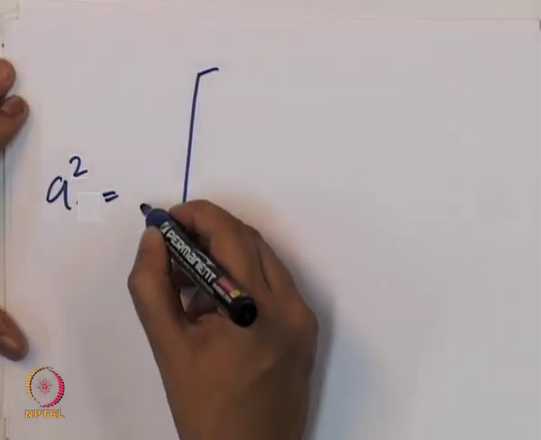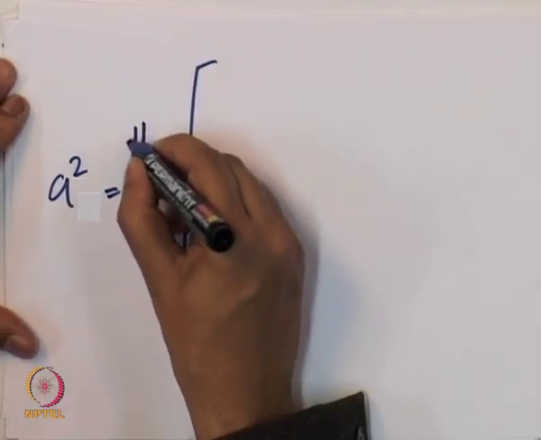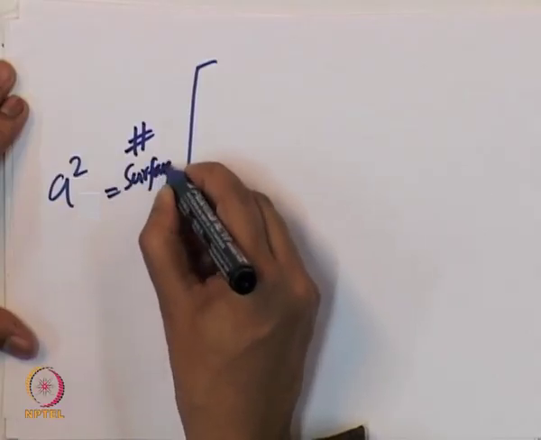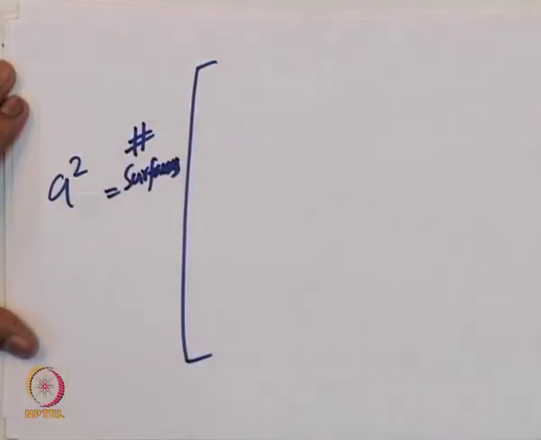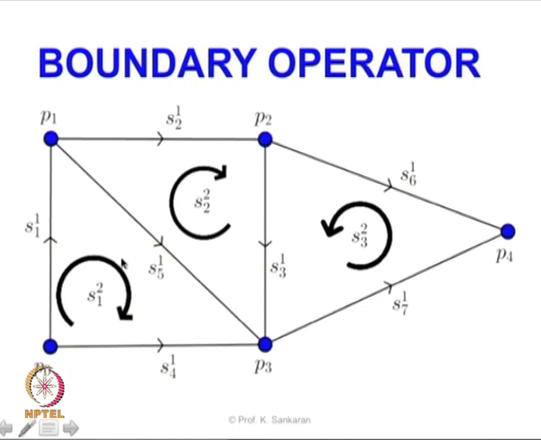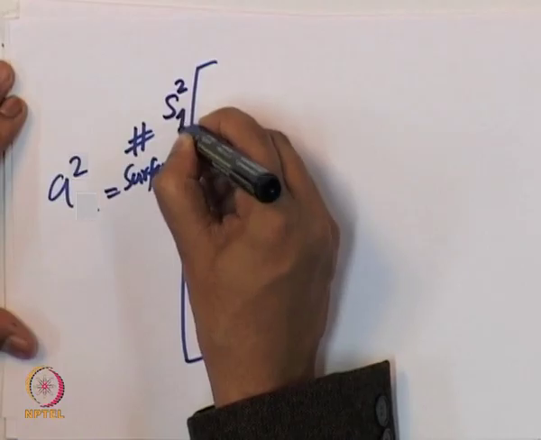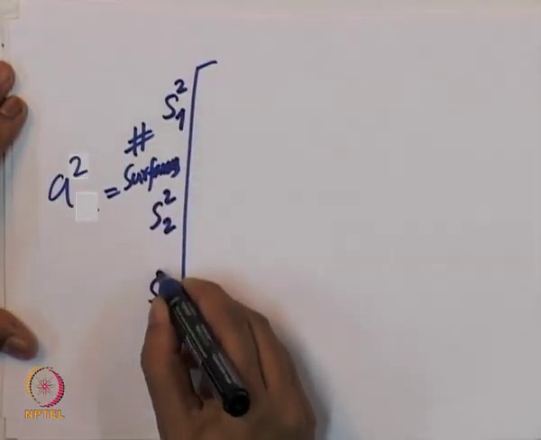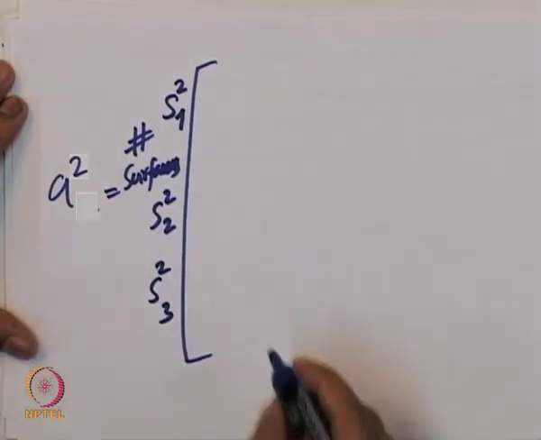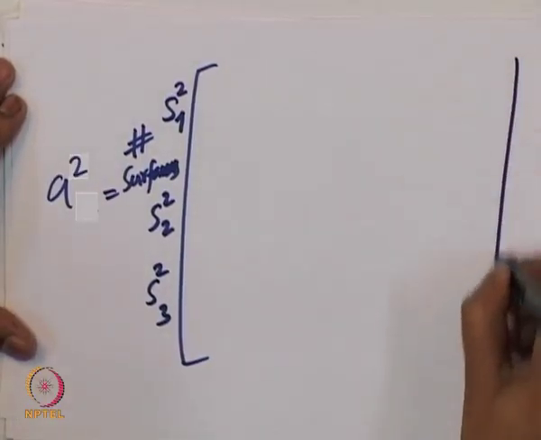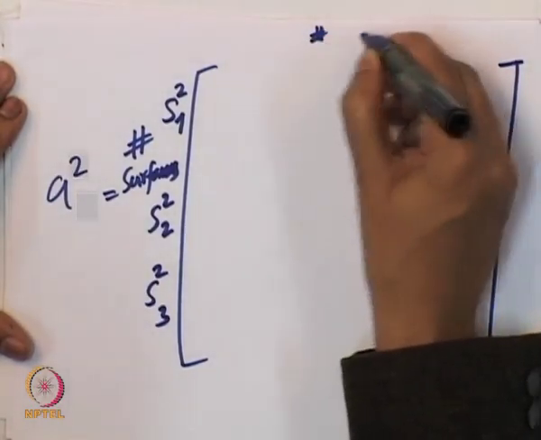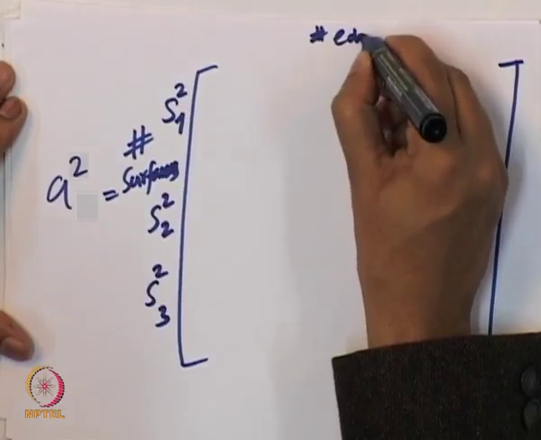whose rows are given by the number of surfaces. We will have 3 surfaces. They are written as S21, S22 and S23, and we will have the columns as the number of edges.